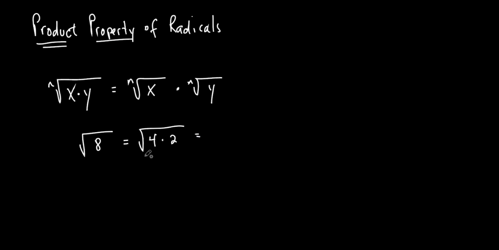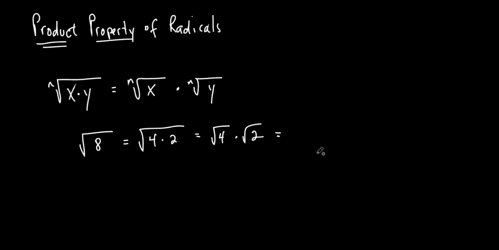What does it say? If I got two things multiplied together inside of a root, I can put them, this is how I say it, put them into their own individual roots, okay? This is square root, so I'm going to put square root of 4 times what? Square root of 2, all right? That works, doesn't it? That to this property.